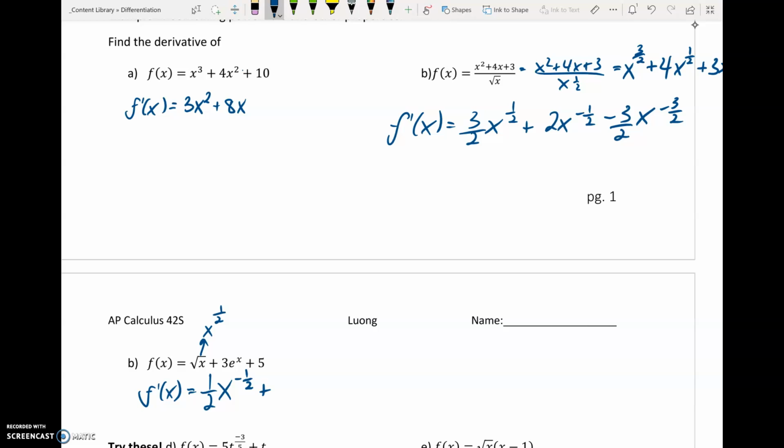The 3 is just a constant coefficient, so we can just leave it there and take the derivative of e to the x. The derivative of e to the x is still e to the x, so it just stays the same. The derivative of 5 is 0 because that's a constant. So now go ahead and try the next 2 questions, and when you're ready, press play to see the solution.